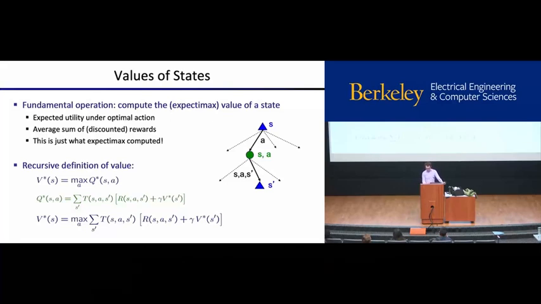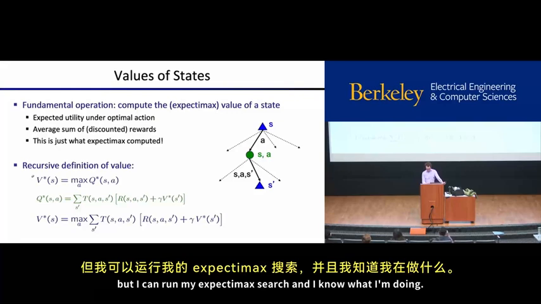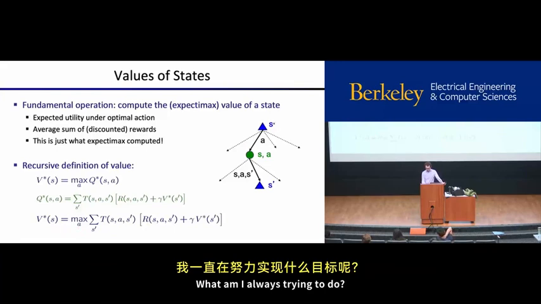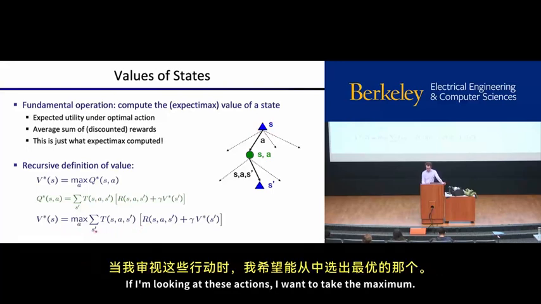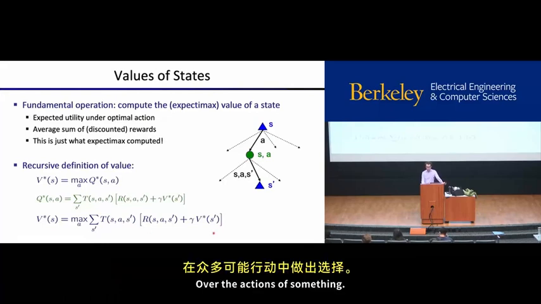It's saying V star is just the maximum over actions. That's this node, this maximizer node. Of this expectation, summing over all the next states of the probability of that next state, times some amount of utility. How much utility?